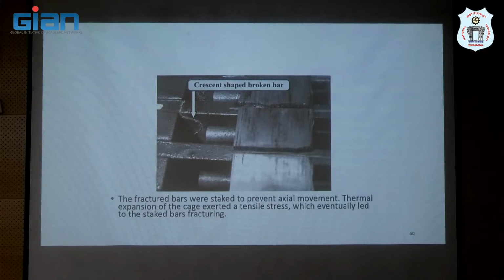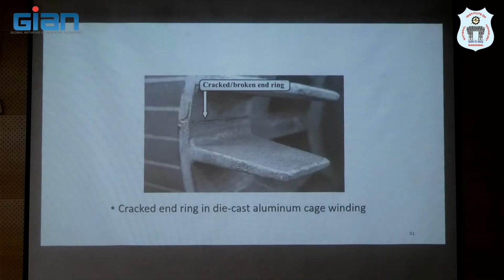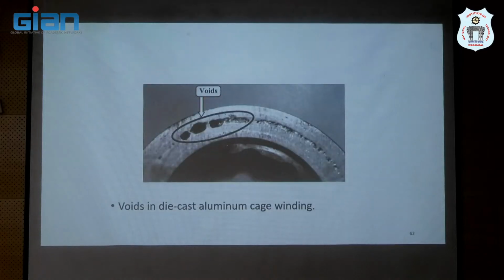I think this also shows some. If you observe, cracked, broken end rings. Some references I have taken, all of these are some of the references I took. You can see voids. This will affect the particular pattern, the particular signature you will get with these types of problems.